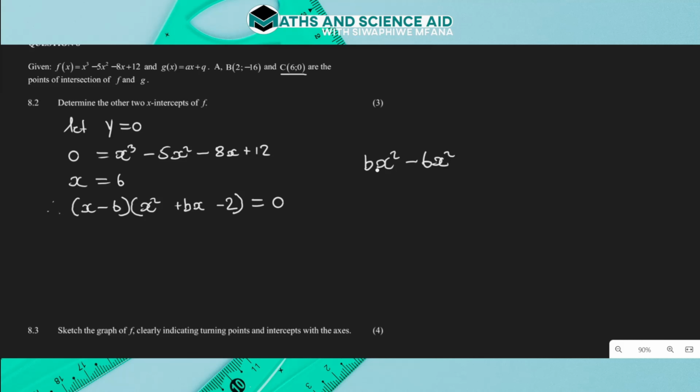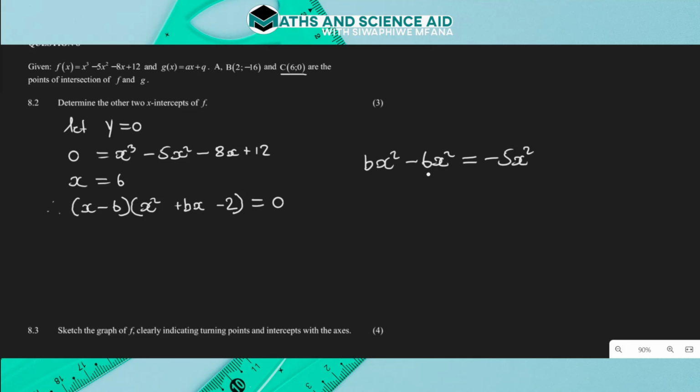So it means that if we combine these two terms together, we must get minus 5x squared. And so we just need to simply find the value of b here, such that if we sum up these two terms, we get negative 5x squared.